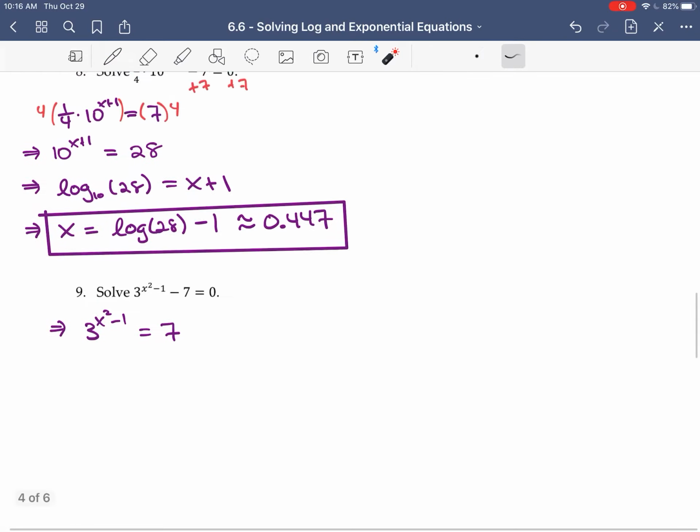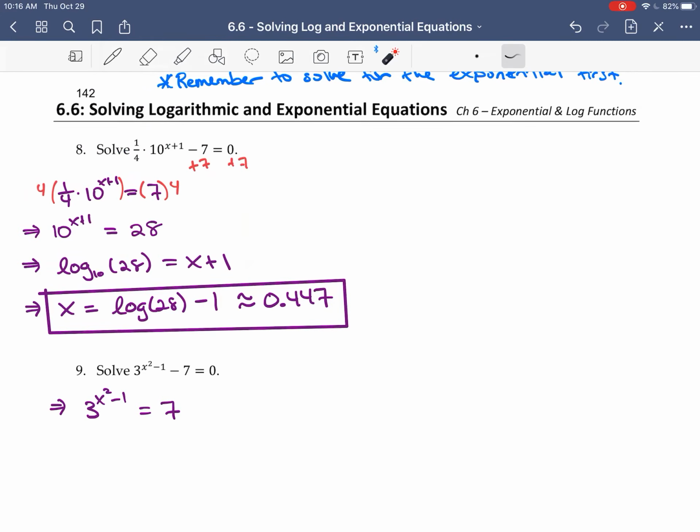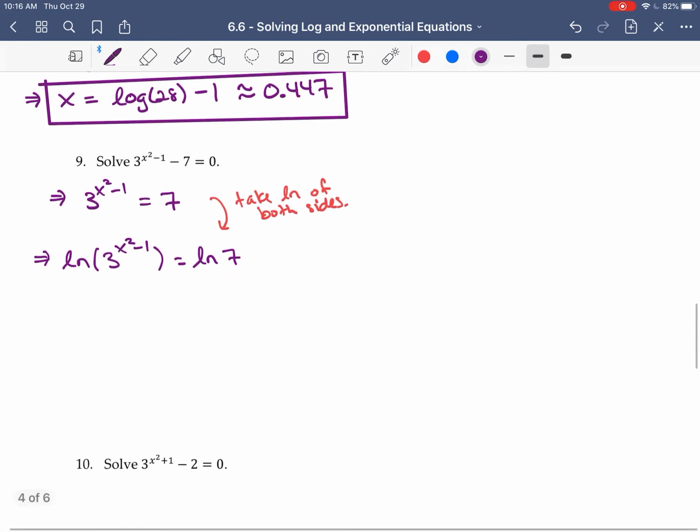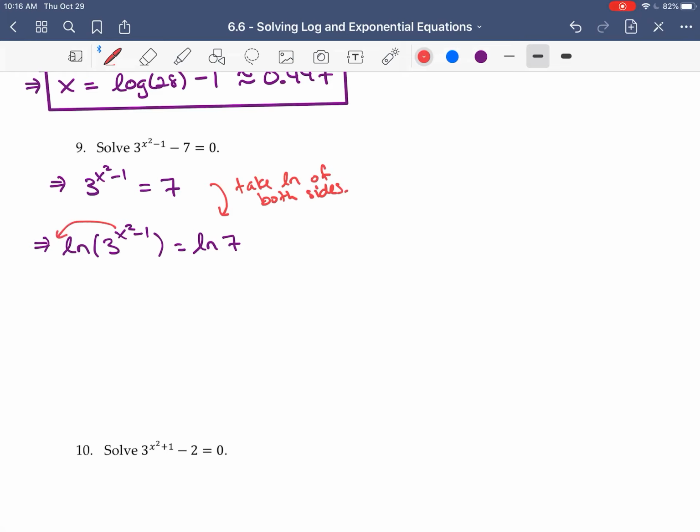If I use the rule like I used here, I'm going to get something that is log base 3, and I won't be able to compute that using my calculator. So what I'm actually going to do here is take the ln of both sides. So that's going to give me ln of 3 to the x squared minus 1 is equal to ln of 7. Now I can bring the exponent down to the front. So that's x squared minus 1 times ln 3 is equal to ln 7.